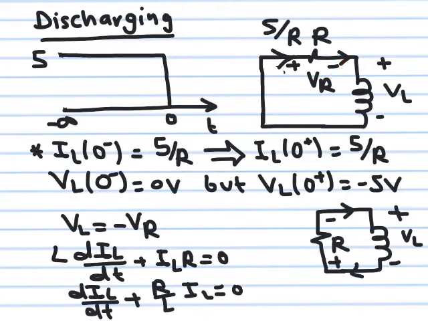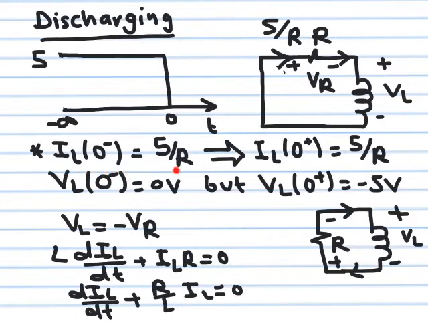Take a look at KVL: if this is 5 volts, then this is minus 5 volts. So this is a very interesting development. The inductor voltage can change its polarity instantaneously, while the inductor current cannot change its value instantaneously; it changes in a smooth way.